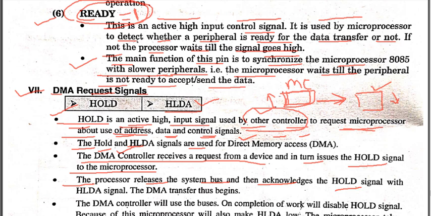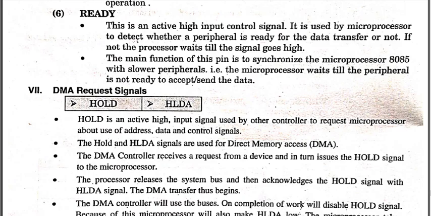So the processor releases the system bus and then acknowledges the HOLD signal with HLDA, and the DMA transfer begins. So that is the DMA request signal.